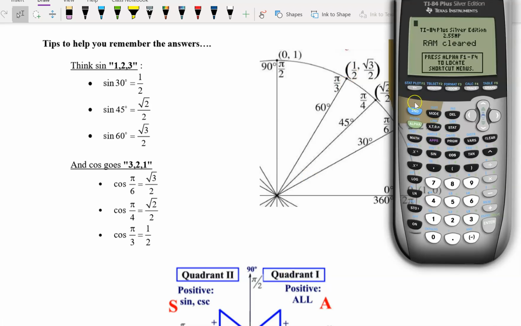I'm in radian mode, which means I can type in cosine of pi over 3 and I should get 1/2 as an answer. So let's see. Cosine of pi over 3 is 0.5, which is 1/2, so it worked.